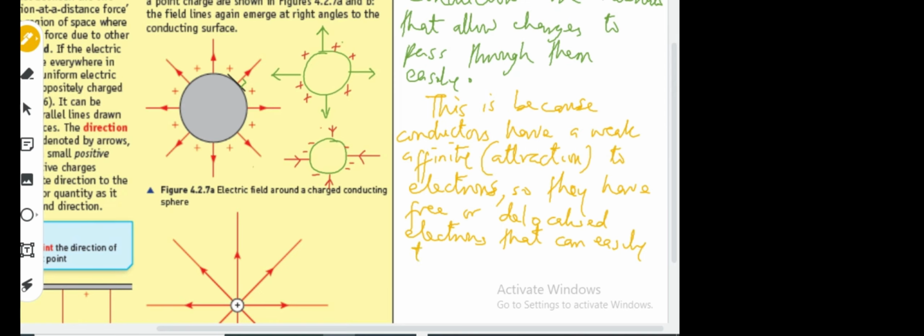So they have free or delocalized electrons that can easily transfer charges.